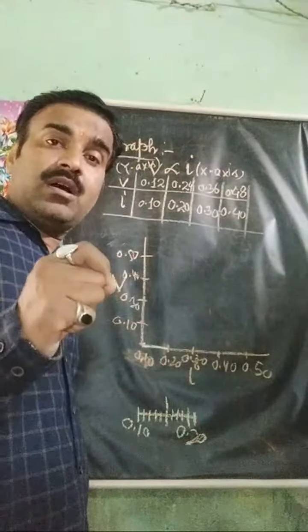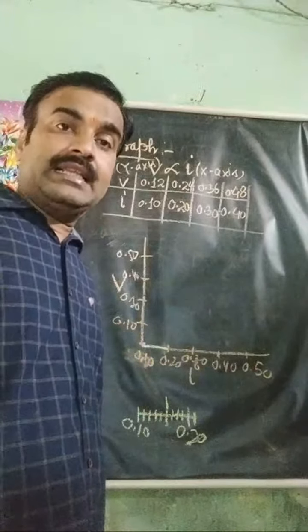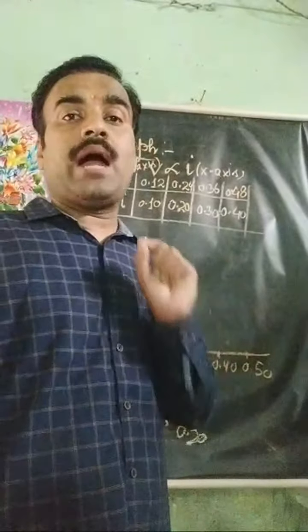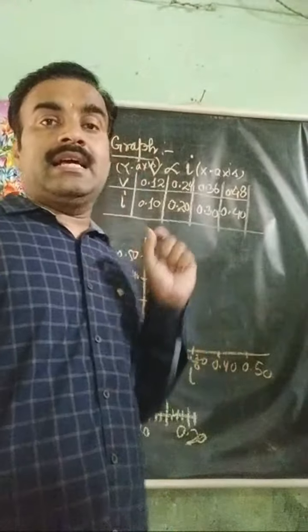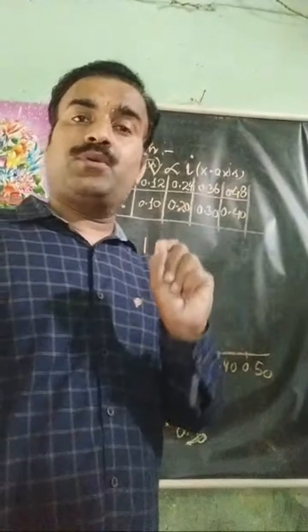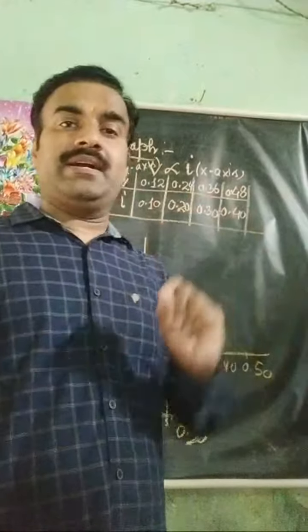Now how do you have to choose the scale? The next part is a very important part for you. First of all, you have to take which physical variable is the dependent one and which is the independent one.